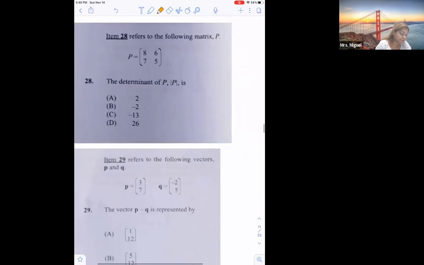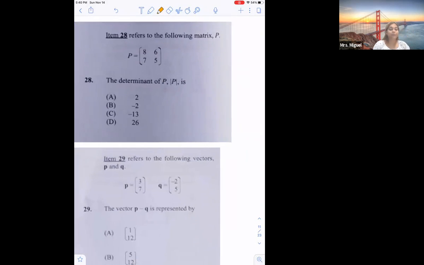Given A is equal to that, 3A, well, we multiply each of the elements by 3. So 3 by 1 gives us 3, 3 by 3 is 9, 3 by negative 3 is negative 9, 9, 0, 15. My answer is A. The determinant of P, well, we cross opposite ends of the diagonal.